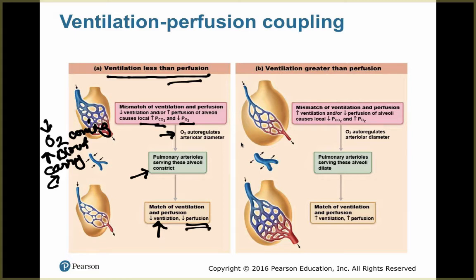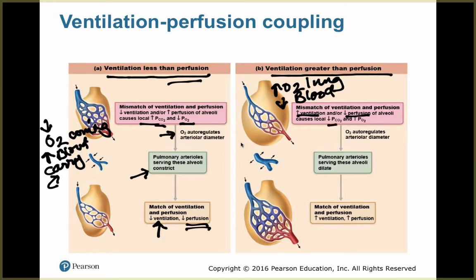that's happening, right? Now, if we have ventilation that's greater than perfusion, basically what happens is we have more O2 coming to the lungs and less blood coming to pick it up, right? So that's an increase in ventilation and a decrease in diffusion.